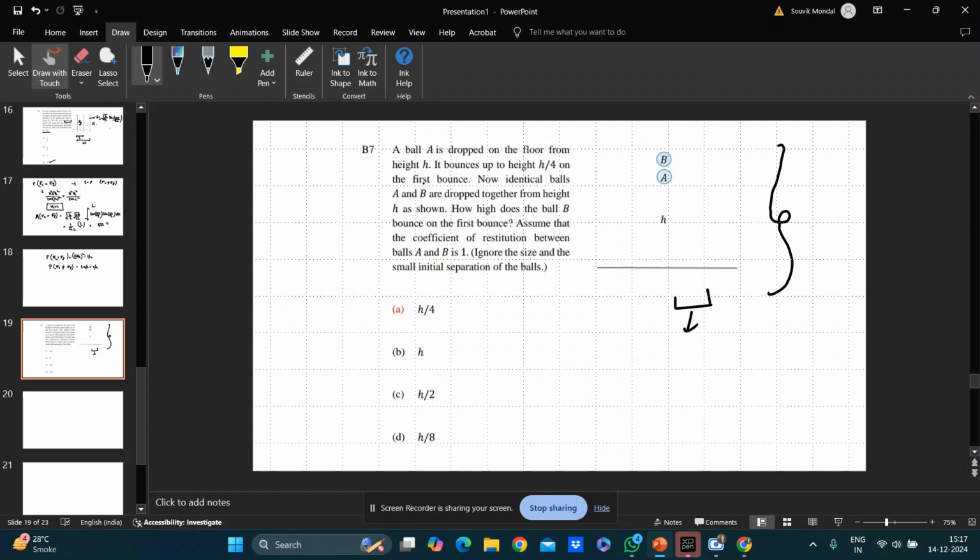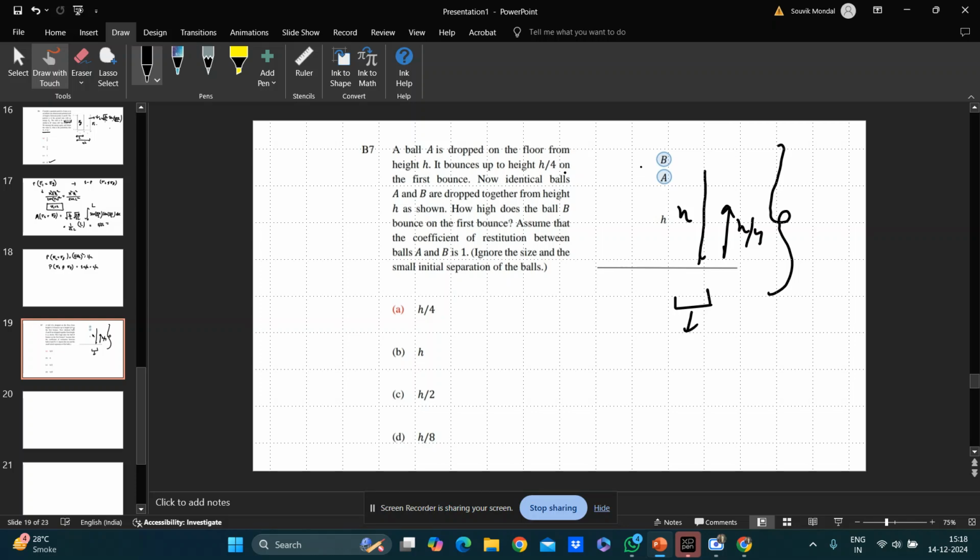I will read a few statements. Here a ball A is dropped on the floor from height h and it bounces up to height h by 4. So there is definitely some coefficient of restitution. Now identical balls A and B are dropped together from height h.